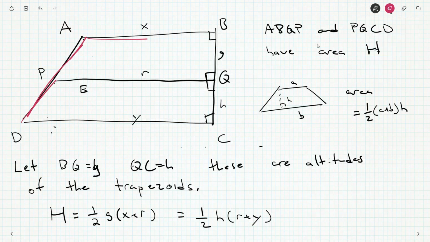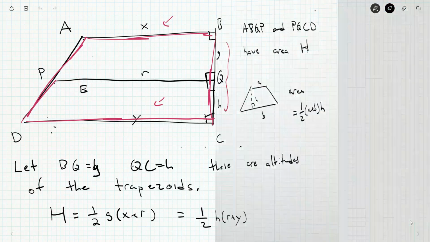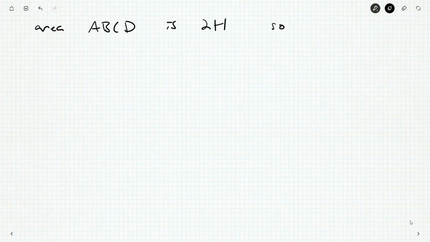Because there is the big trapezoid, and its height is G plus H, and it's got X, and it's got Y. And its area is going to be 2H, because it's 2 copies of H put together. So I'd probably say, area ABCD is 2H. So 2H is 1/2 G plus H, X plus Y.